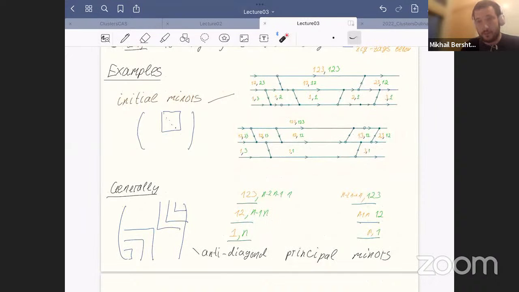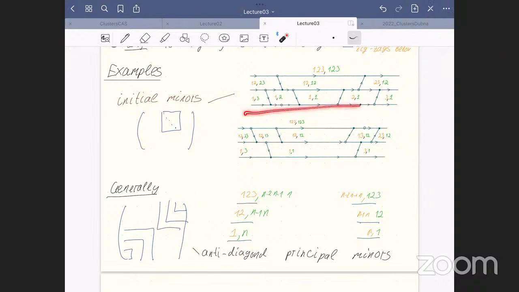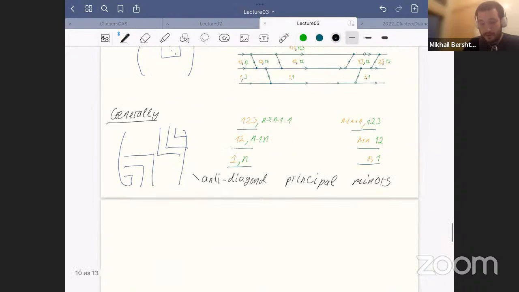Who can compute? Nine. 9. And here? I hope again 9.